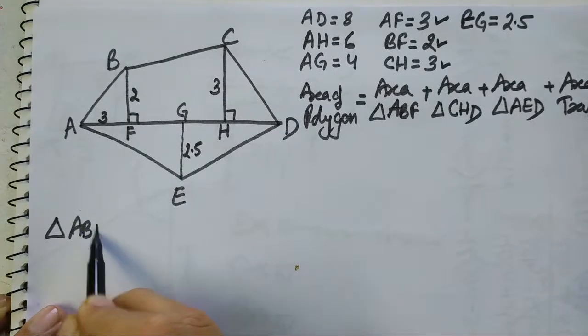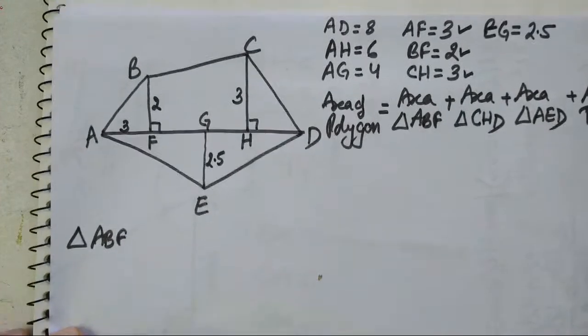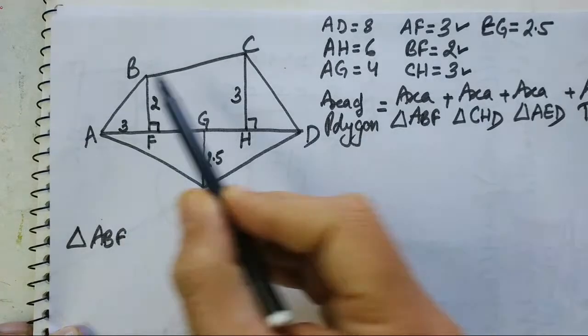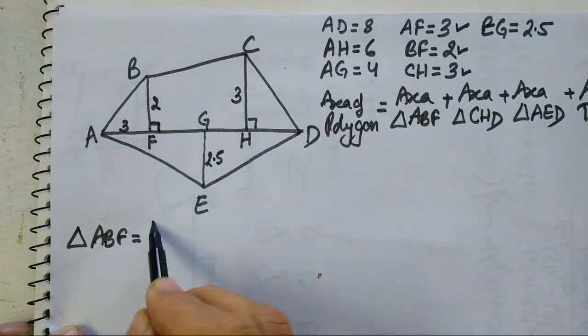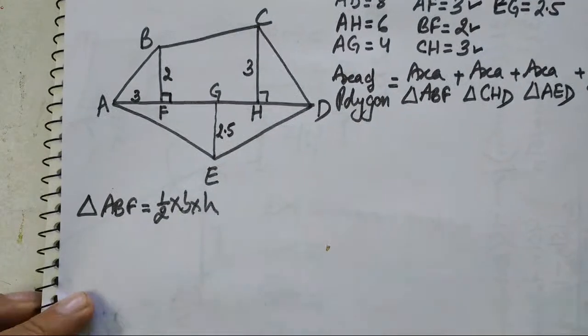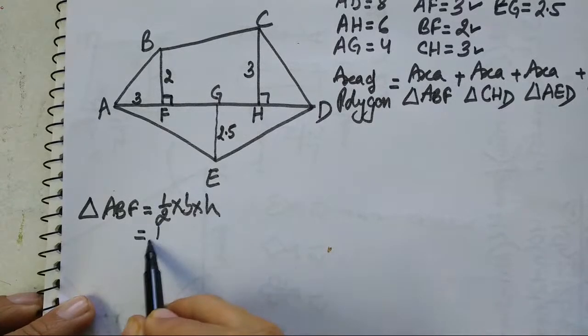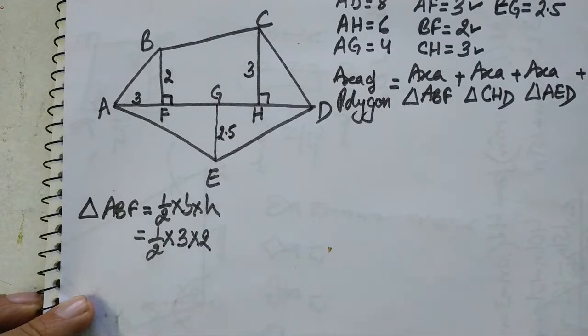Triangle ABF, we know it is having all these are 90 degree given. So this triangle, this is the height and this is the base. So area of triangle ABF will be half into base into height. So you will find area of this triangle, which will be half into 3 into 2.